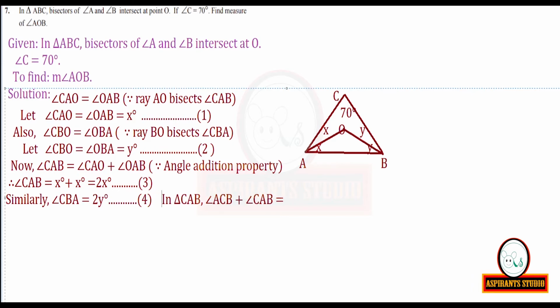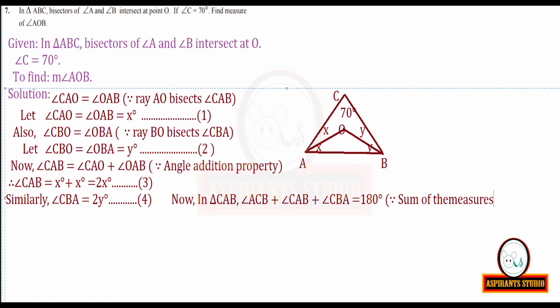And write measure of angle ACB plus measure of angle CAB plus measure of angle CBA is equal to 180 degrees. Now, from the third and fourth equation, you can substitute the value of measure of angle CAB to be 2x degrees and measure of angle CBA to be 2y degrees.